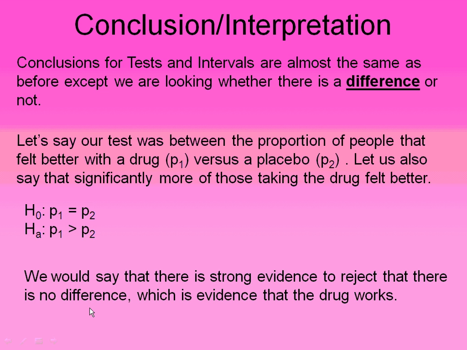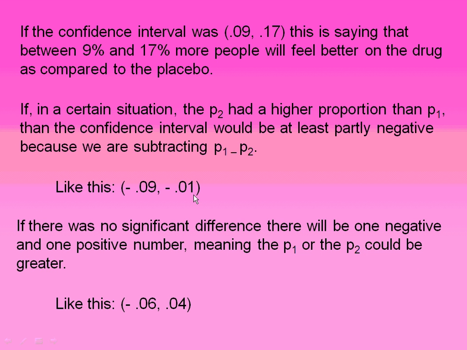Confidence interval is more what I'm going to talk about here, though. Let's say the confidence interval was between 9% to 17%. This is saying that between 9% and 17% more people will feel better on the drug compared to the placebo. So again, this is dealing with the difference, how many more in proportion of people in the population would feel better with the drug, anywhere from 9 to 17% more than the placebo.